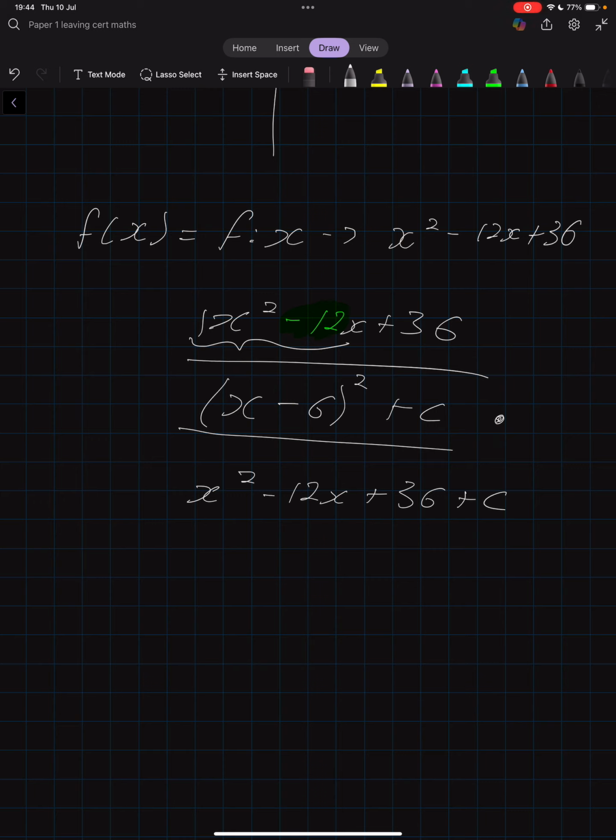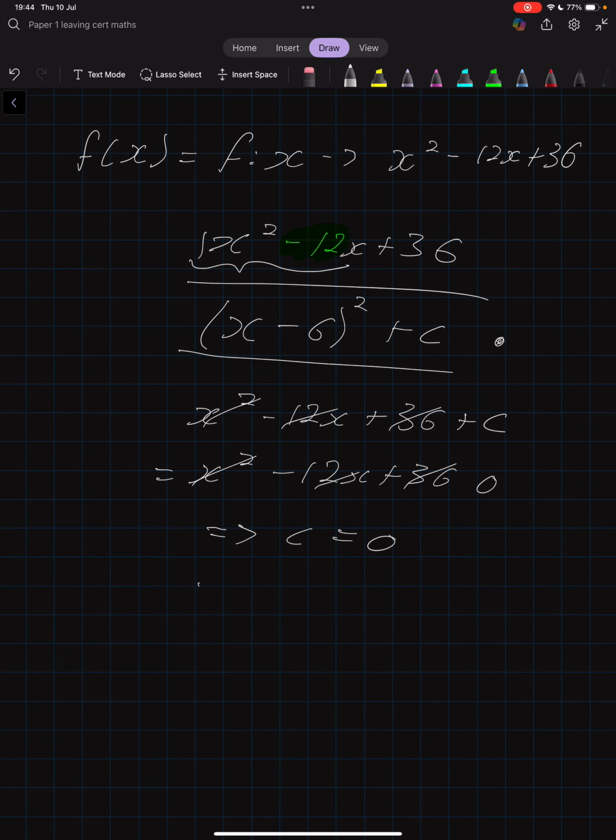In this case, this thing has to be equal to x squared minus 12x plus 36. And this means that c has to be equal to 0. Why? Because the x squared and the x squared cancel, the minus 12x and the minus 12x cancel, the 36 and 36 cancel. So I'm just left with 0, so c equals 0.